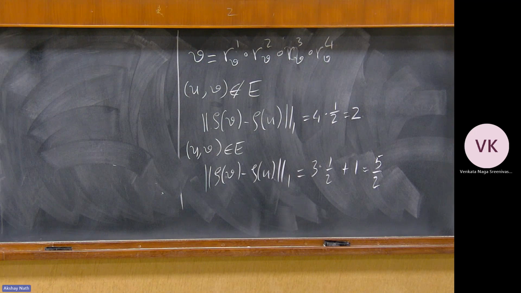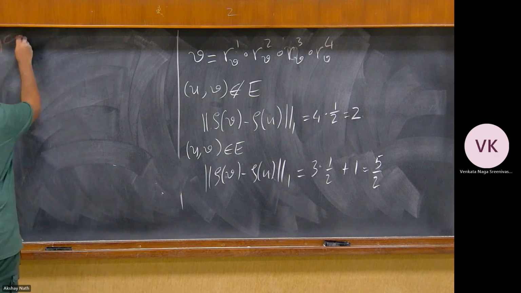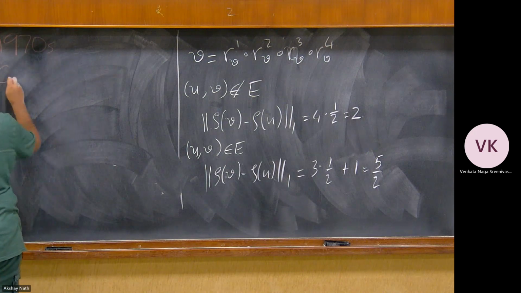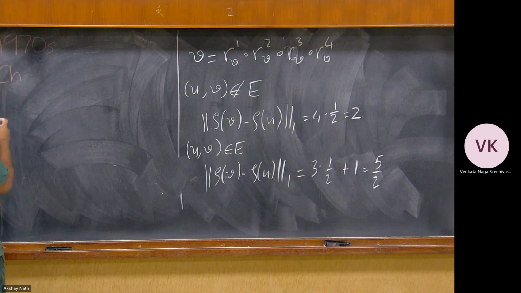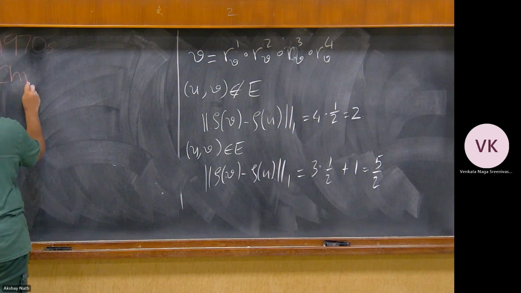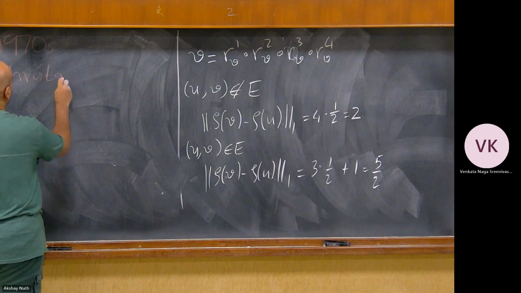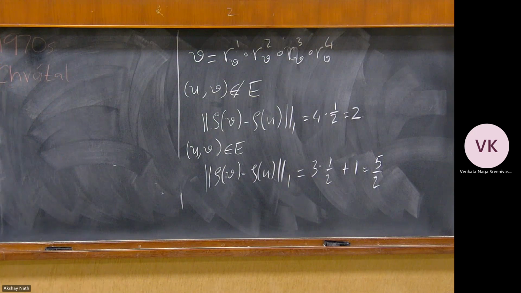I'm going to draw what is called the Chvátal graph, from 1970. Chvátal came up with the smallest graph which is triangle free, which is 4 edge colorable and 4 vertex colorable.